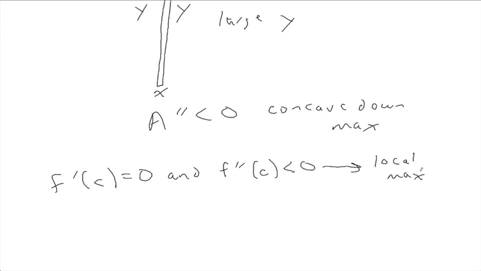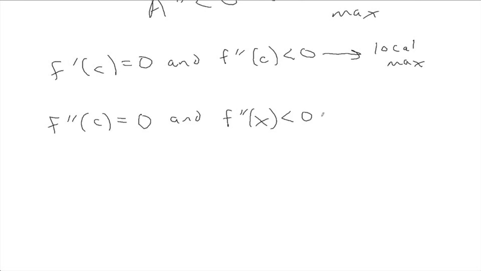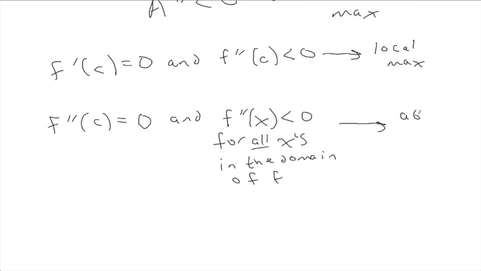Okay. But that's not quite good enough on this problem, because we don't want to find a local max, we want to find the absolute maximum. So we need a new rule that we haven't talked about before. The new rule is very similar to the old rule. If f prime of c is 0 and f double prime of x is negative for all x's in the domain, then you have an absolute max.